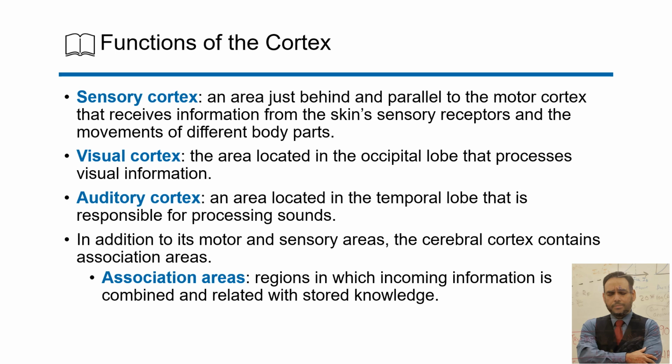The auditory cortex is found on the sides of your brain in the temporal lobes, and it's near your ears, obviously, so that kind of makes sense. It processes auditory information that helps you hear and understand sounds, words, language. When sound waves enter your ears, they're converted into electrical signals by your inner ear.